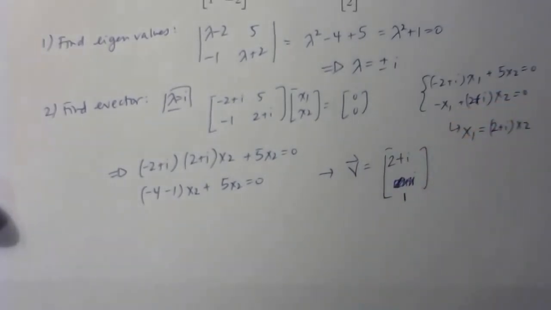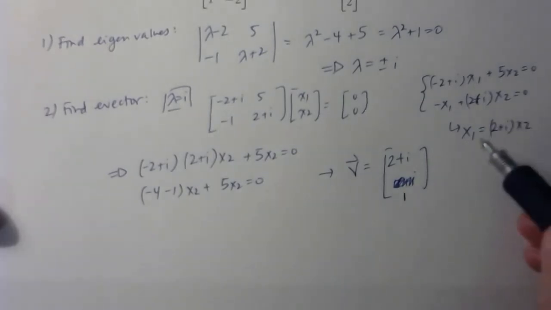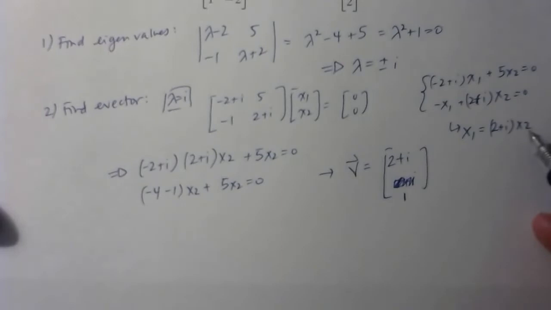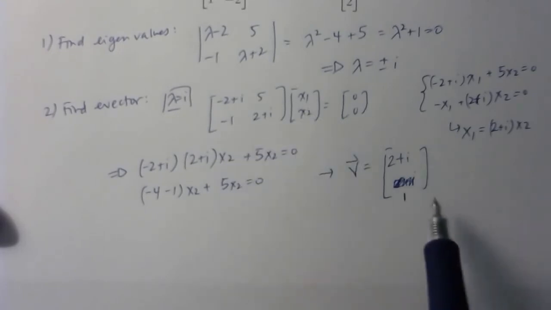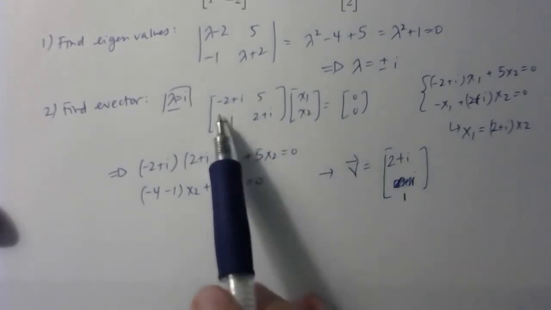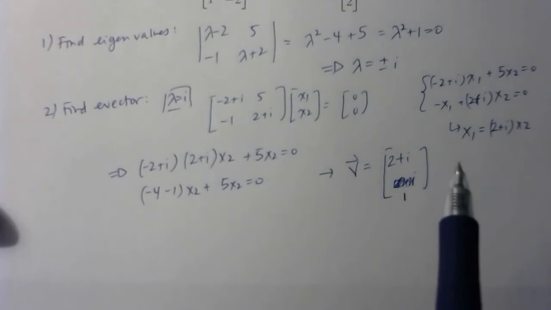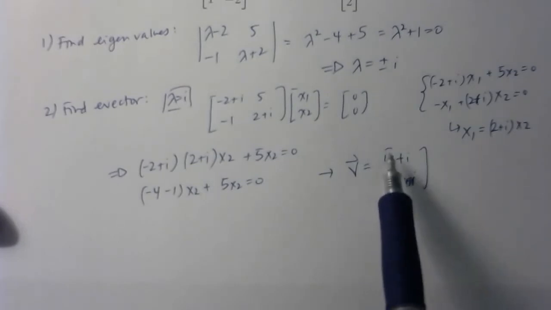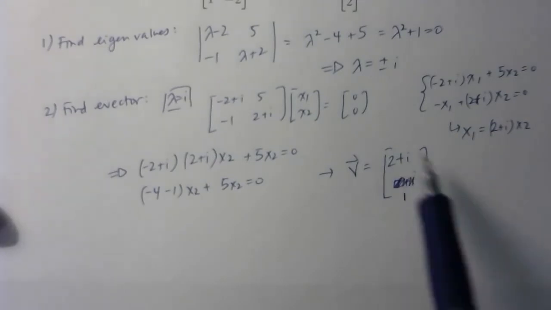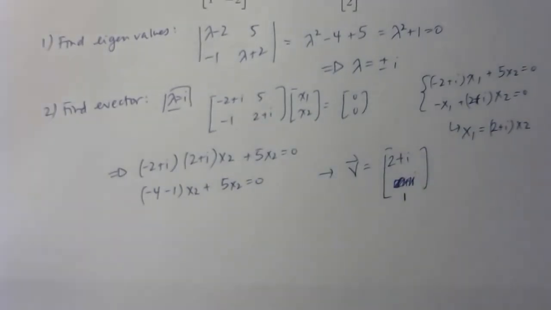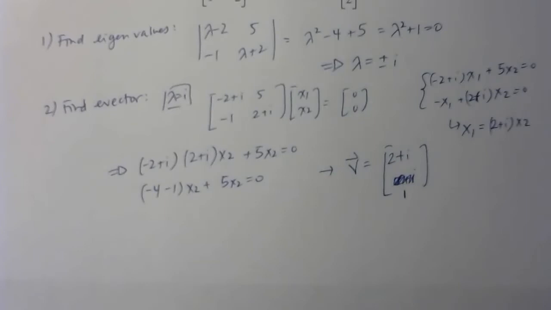If x2 is equal to, I'm taking this property right here, if x2 is equal to 1, so let's look at this equation. That would certainly work. And then the top one, minus 2 plus i, this is going to give us minus 5 and then plus. Okay, I think that's fine. So this is my eigenvector.